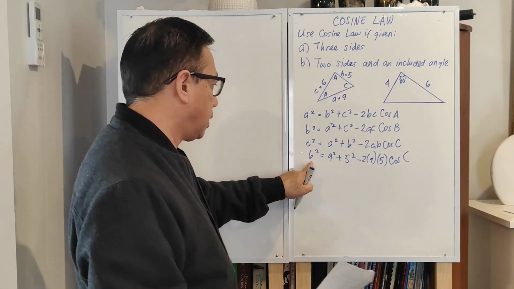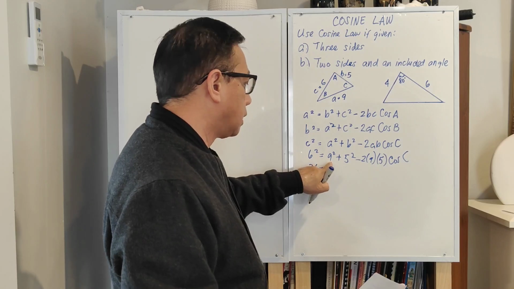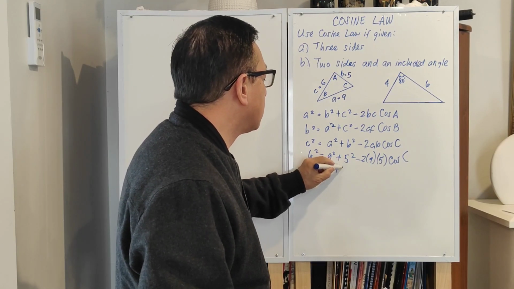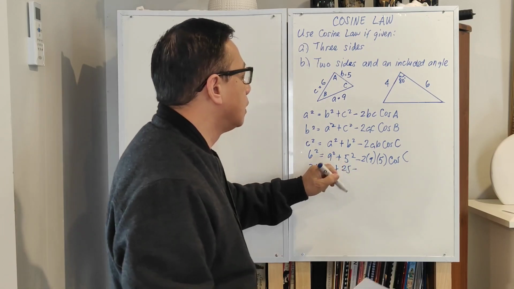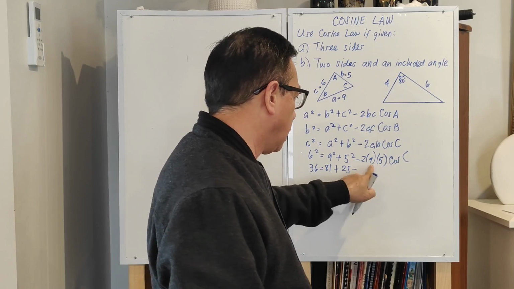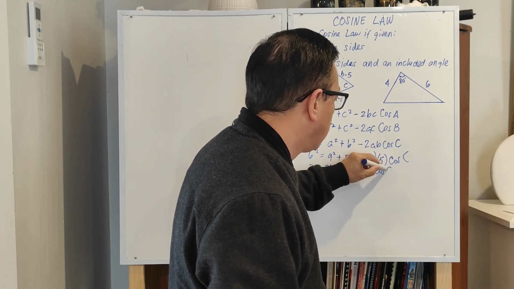So 6 squared is 6 times 6, 36. 9 squared is 9 times 9, 81. 5 squared is 5 times 5 is 25, minus 2 times 9 times 5. So let's say 2 times 5 is 10, times 9 is 90, cosine of C.